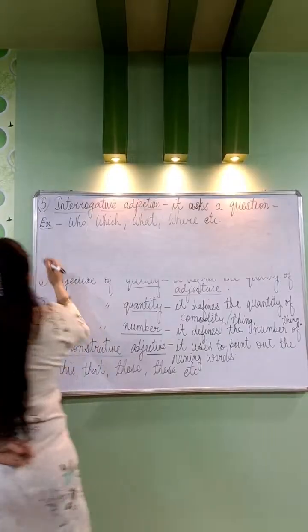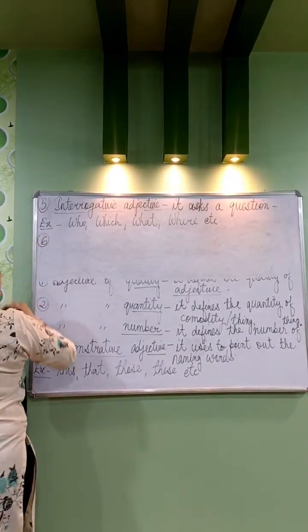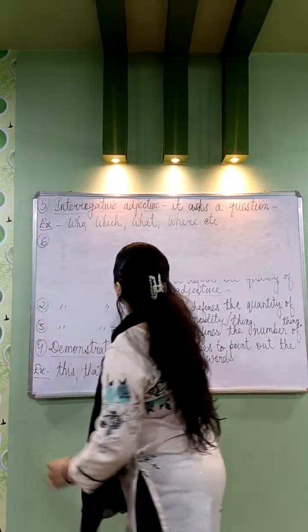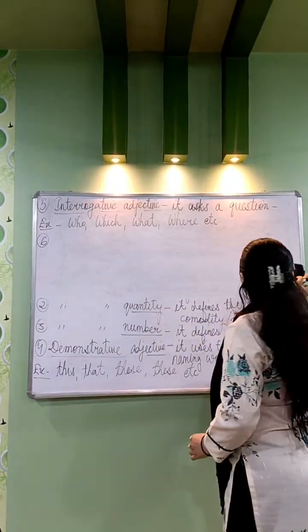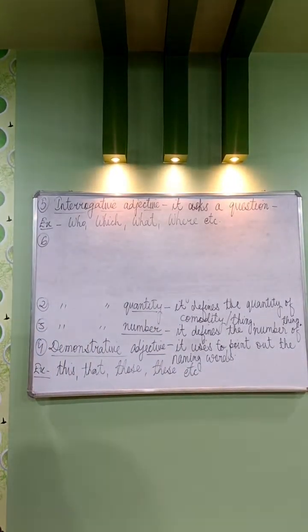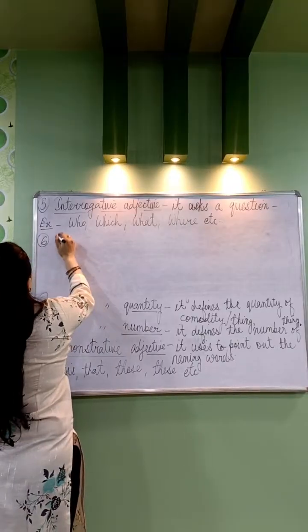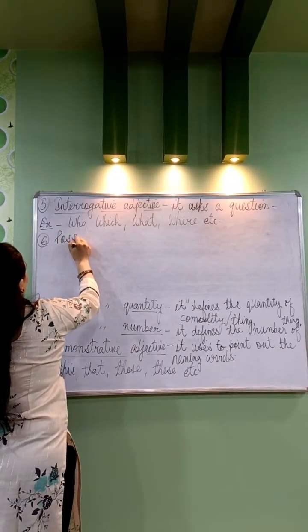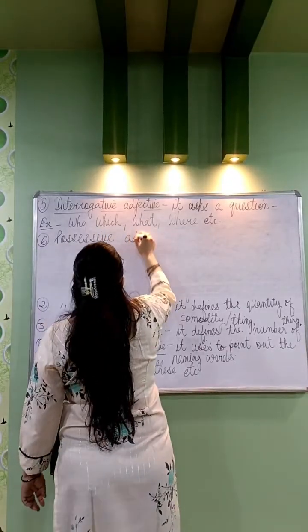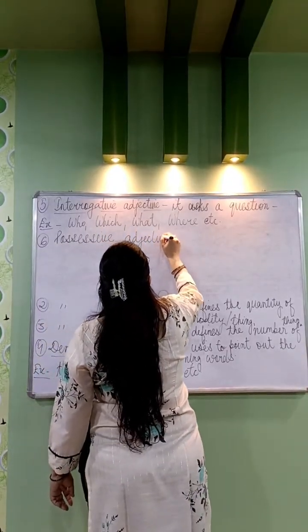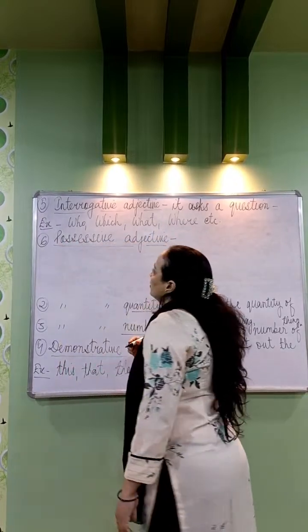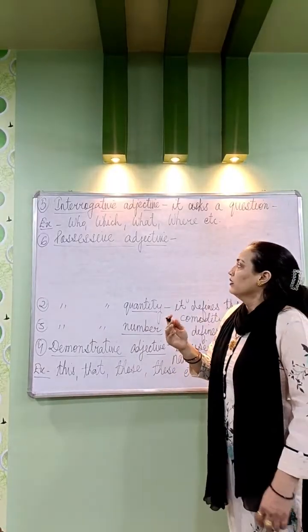Now I am going to continue with the 6th and the last part with you. Yes, this is possessive adjective. आपको याद होगा मैंने भी 2 days पहले ही possessive noun आपको एक्सप्लेन किया था लाइव सेशन में 2 days back.